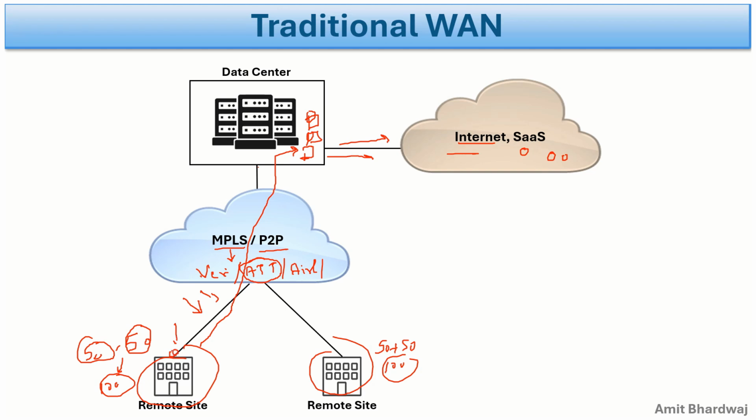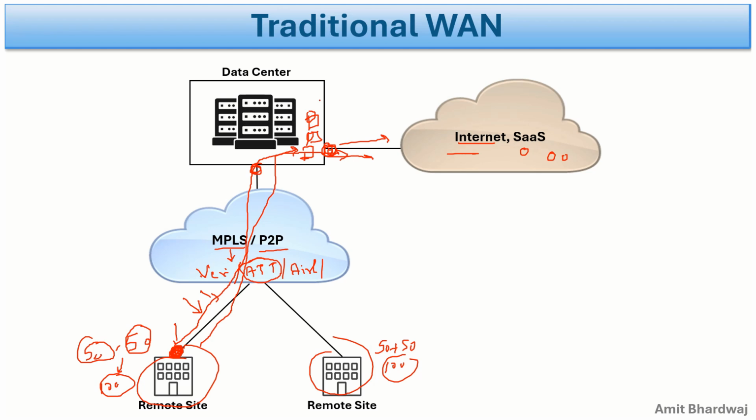In that case, all the internet-bound traffic, that is browsing or applications, everything used to take its path through the MPLS provider towards the entry and exit points for the internet gateway. So the internet bandwidth requirement of an additional 50 was being increased here. The data center also had to increase its MPLS connectivity in order to support the additional requirement here, as well as its internet link.